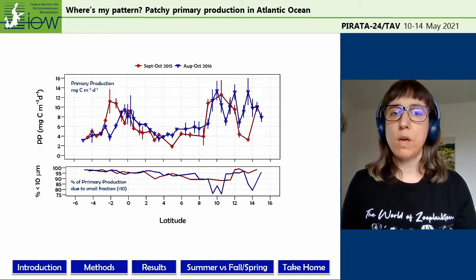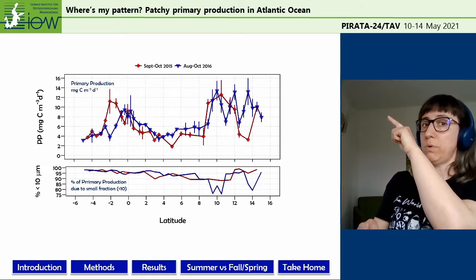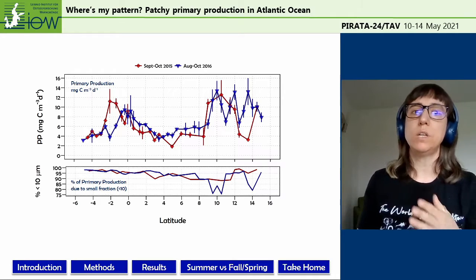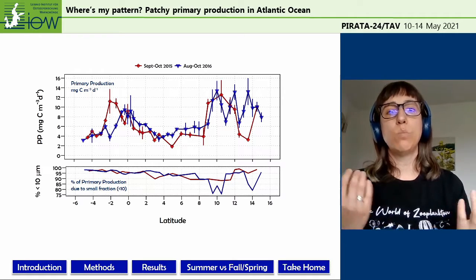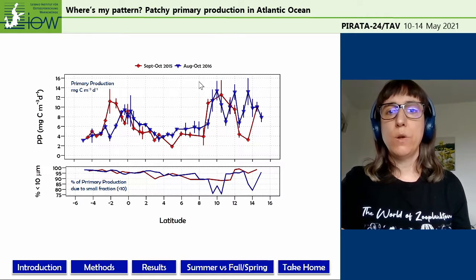So here you have the distributions of 2015 in red and 2016 in blue, and this upper panel is the rates, and this lower panel is basically the contribution of the smallest size fraction that we had. So as I was saying, the rates are higher.